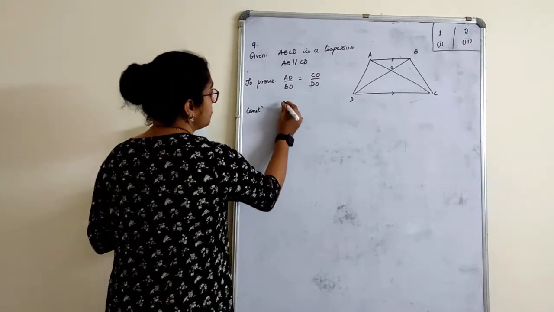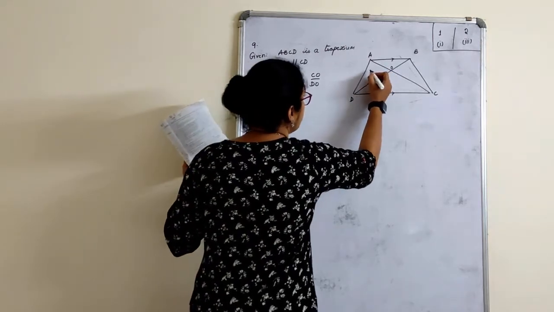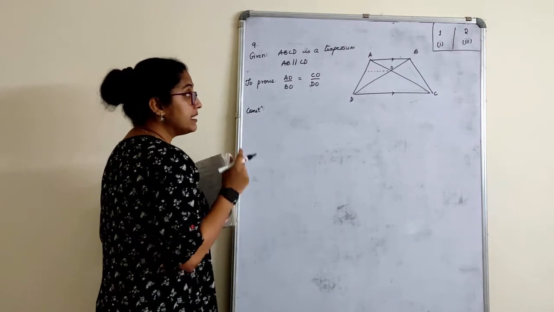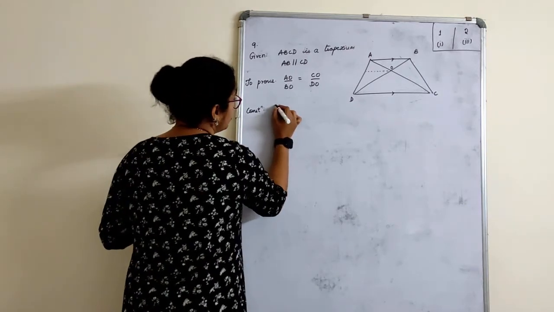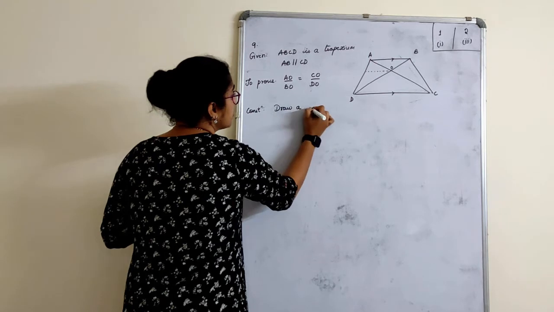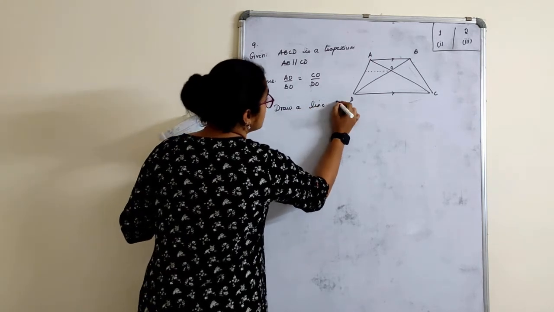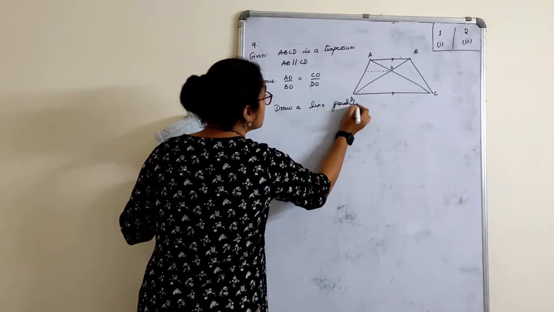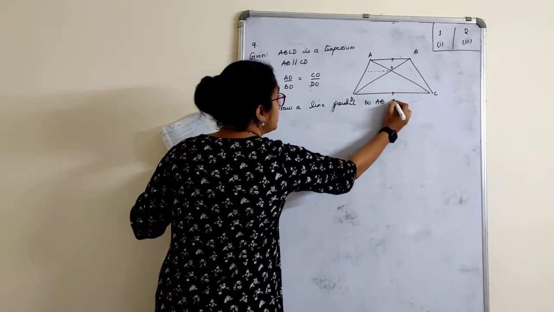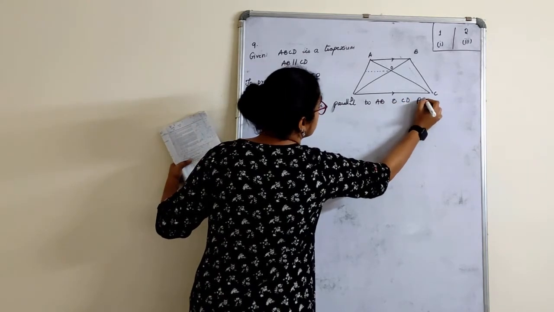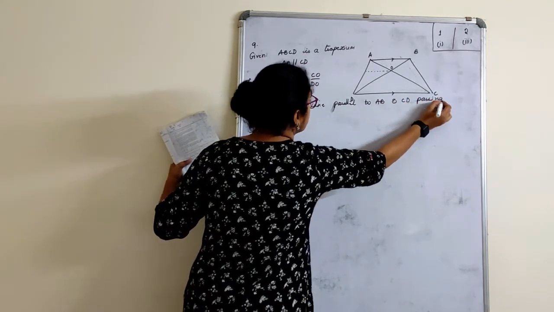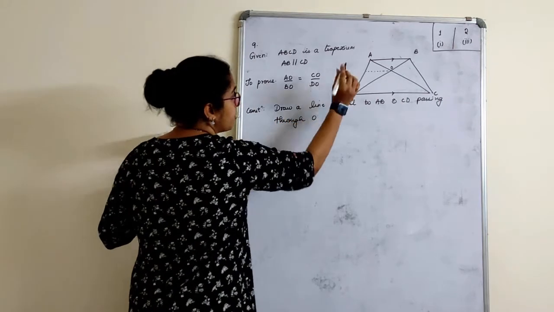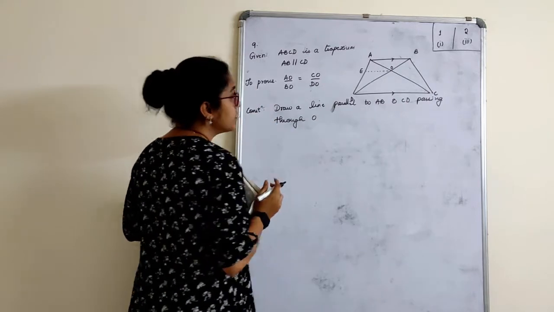So construction. What we will do is, we'll draw a line parallel to AB and CD passing through O. We'll name that point E. Okay.